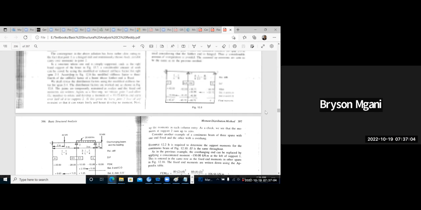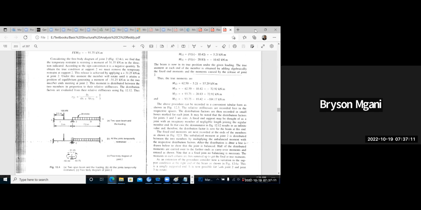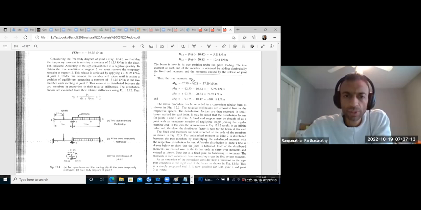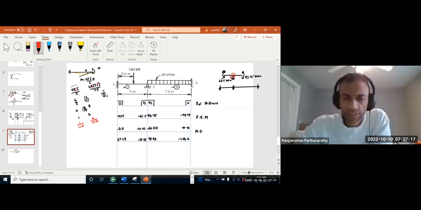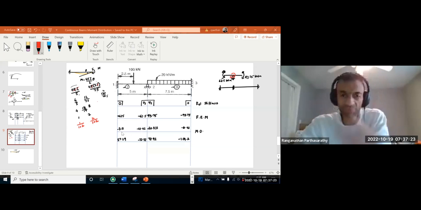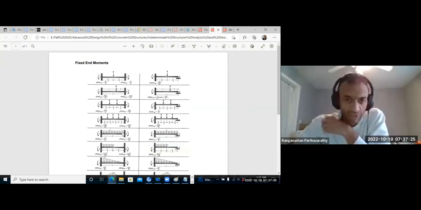And how about the right-hand side? Will be the one with uniform distributed load? Oh, okay. Sorry, yes, this is uniformly distributed load. So for that one, we use this case, uniformly distributed load W. When you have uniformly distributed load, fixed end moment at either end is WL square by 12.